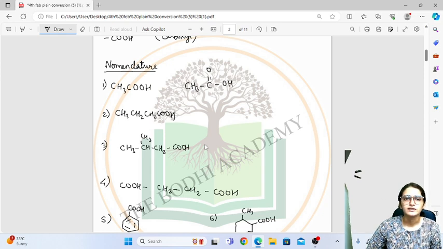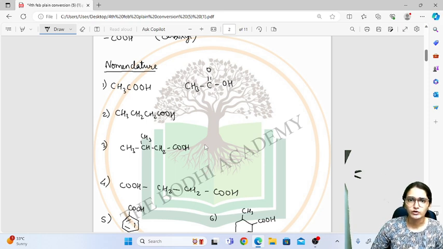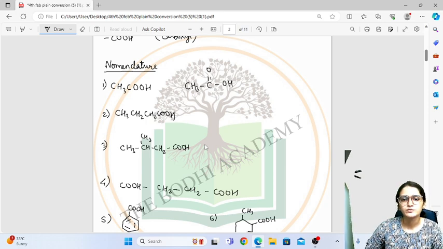The rules will be the same, and we have to write the suffix for carboxylic acid. So here, how many carbons do we have? 1, 2. Numbering, we have to start from the carbon which is attached to the oxygen. This carbon is the carbonyl carbon, so you have to start numbering from here, 1 and 2.